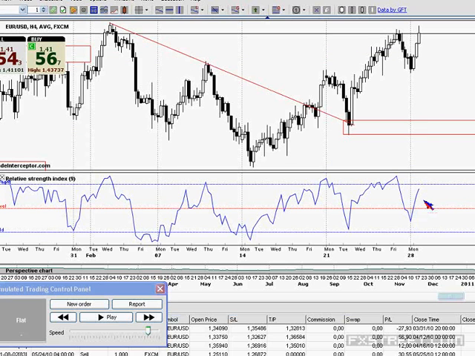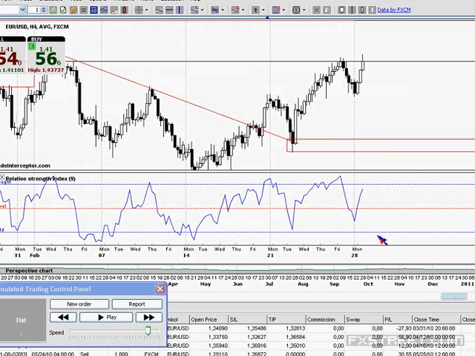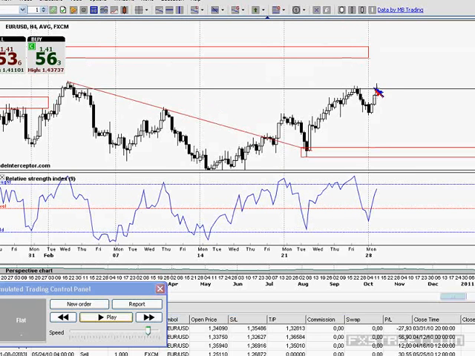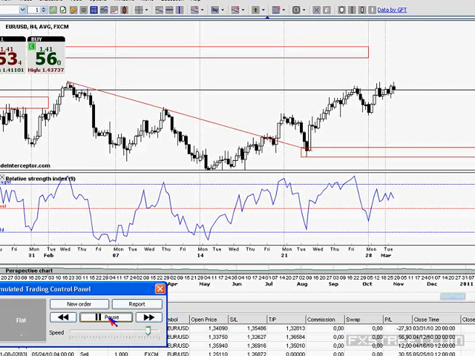On the RSI, we have no pattern for now. We have a cross of the 50% level, which we would like to decide to use for a new commitment, but we need at least two arguments.